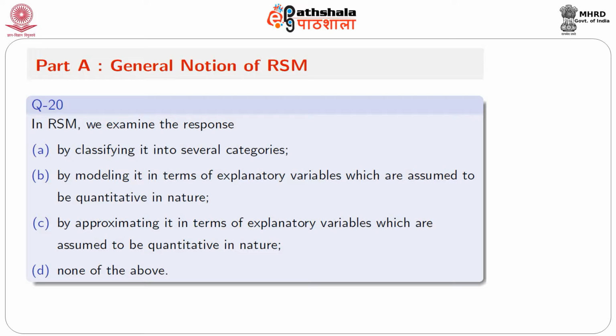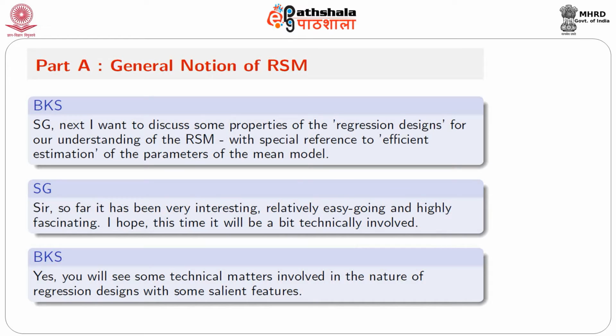We are trying to model the response, or approximate the response, in terms of the explanatory variables. Now, the difference between modeling and approximation: if it is a mathematical entity, we can try to approximate. But if it is an uncertain thing, because of the error creeping in, we try to model. So more appropriate is modeling rather than approximating. So, I think with that all the RSM questions are over.